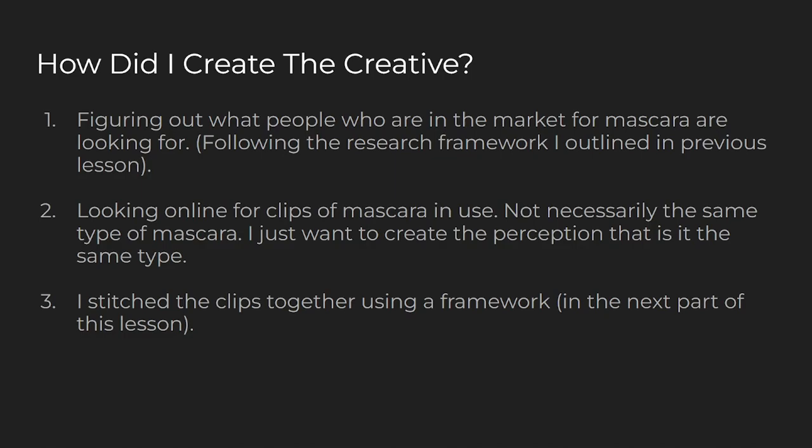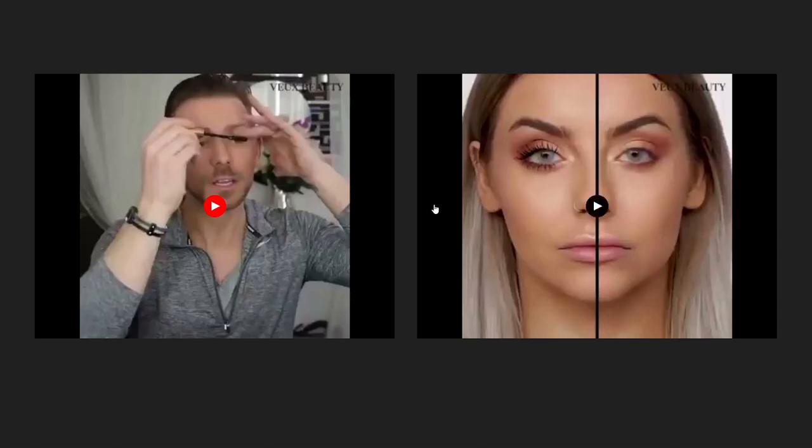Okay, and all I'm doing is creating that perception, right? And I'm just showing them what they want to see. I'm just trying to get the sale in this case. So I just stitched all the videos together using a framework, which is what I will be showing you. And I'll even show you some of these ads.